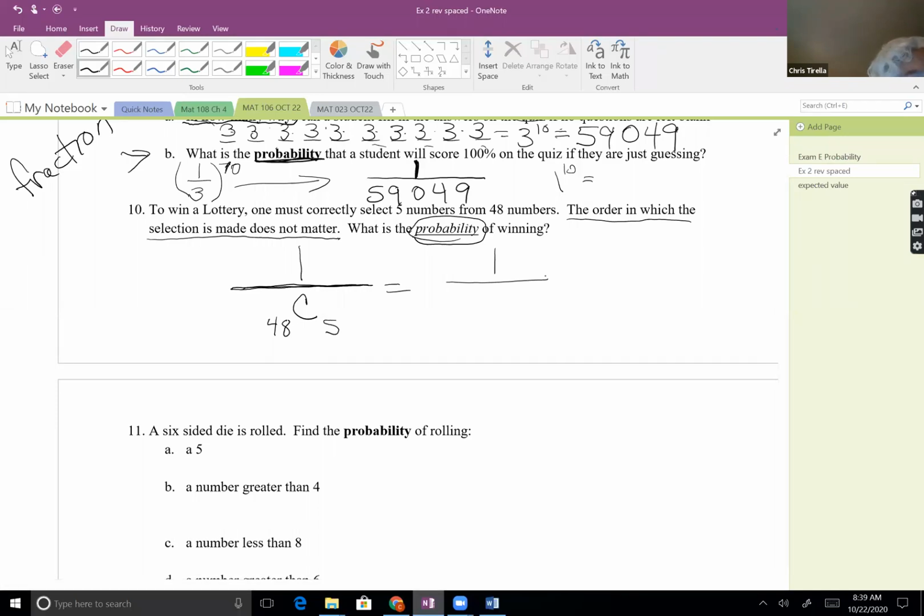This one I would want to do by calculator because the numbers become overwhelming. So 48 combination 5 gives me 1,712,304 different ways that I can choose my 5 numbers. And again, only one is the winner.